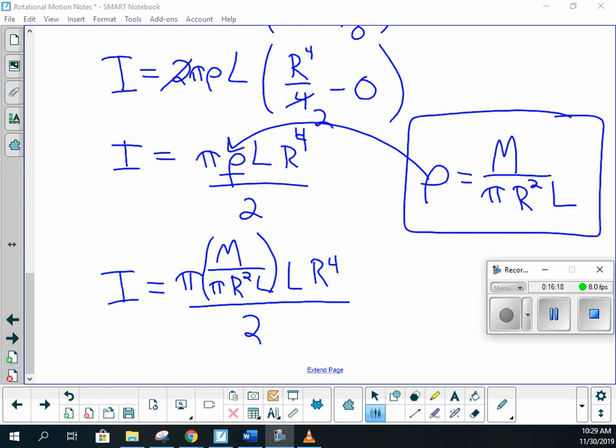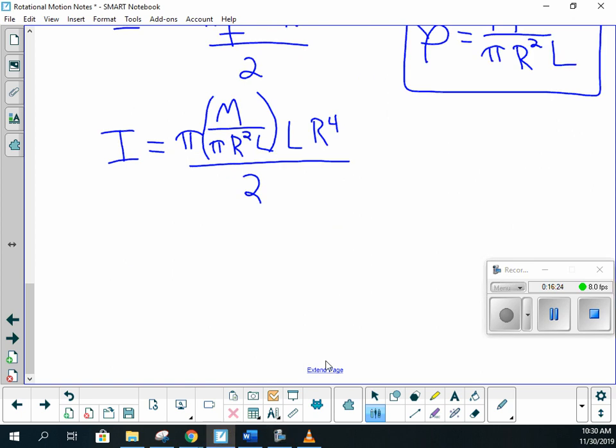All right, so I've shown my substitution here. We've got a complex fraction, but luckily some of our stuff cancels out, which is really what we want it to do. We're going to notice our pi's cancel, our capital L's cancel, and a couple of our r's cancel as well.